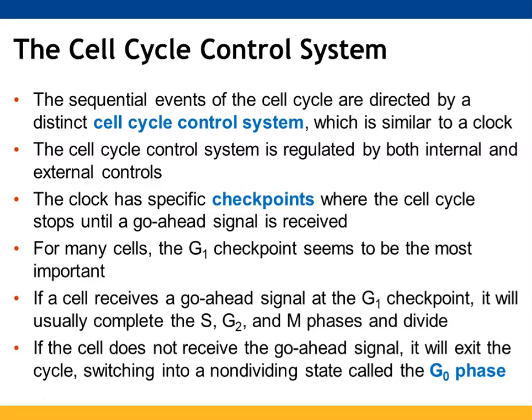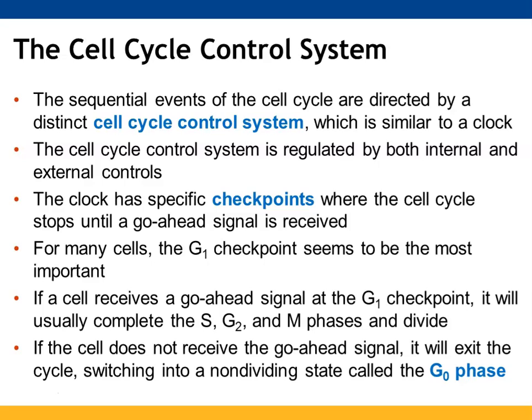And so this control system is similar to a clock. You have both internal and external signals. There are specific checkpoints the cell has to pass before the cell cycle can continue. For many, many cells, it's very difficult to move out of that G1 phase into the S phase, the duplication of your DNA.